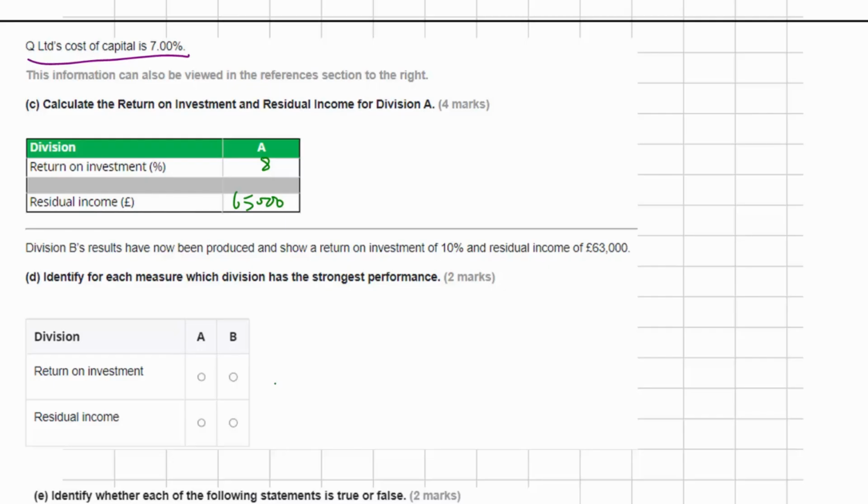So identify for each measure which division has the strongest performance. So if you think about return on investment to begin with, we're comparing 8 and 10, so we can see that Division B is better. And then for our residual income, we have 65,000 and 63,000. So we can see in this case, Division A is better.